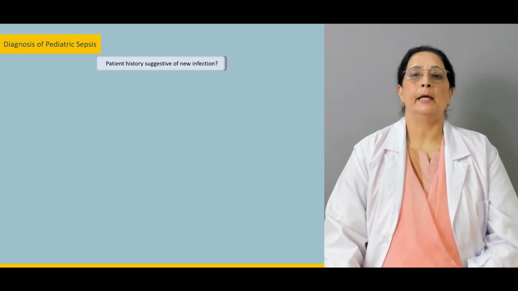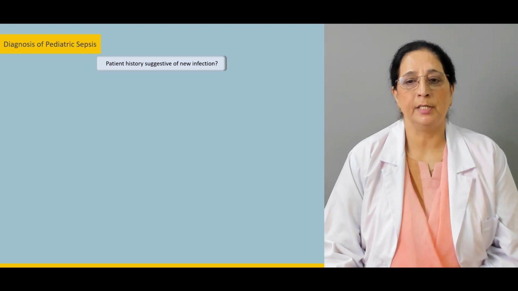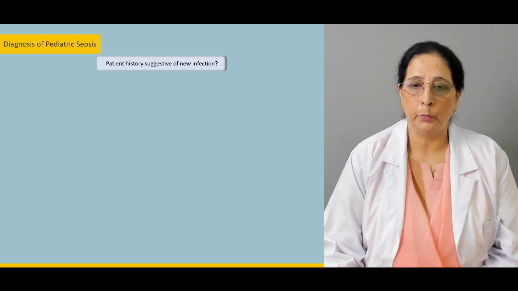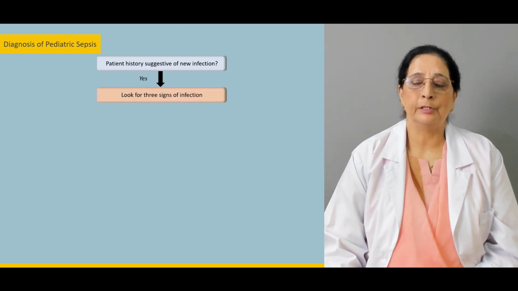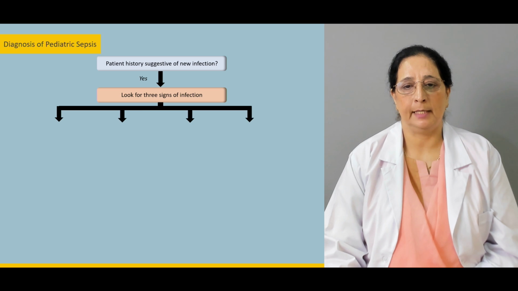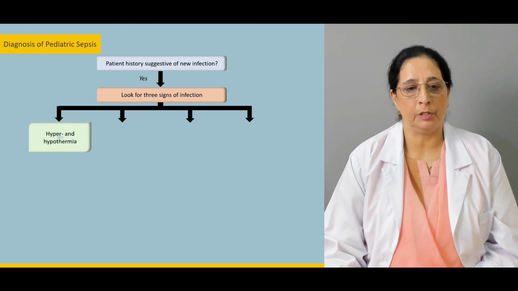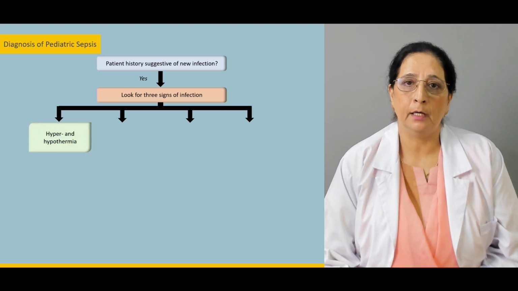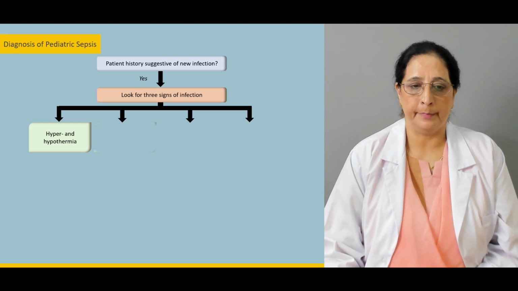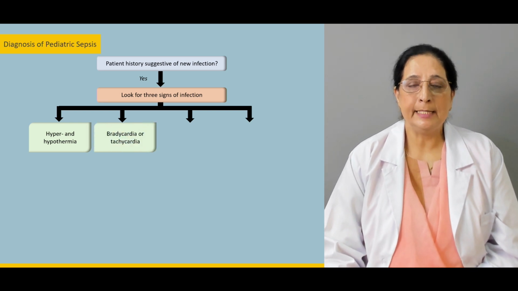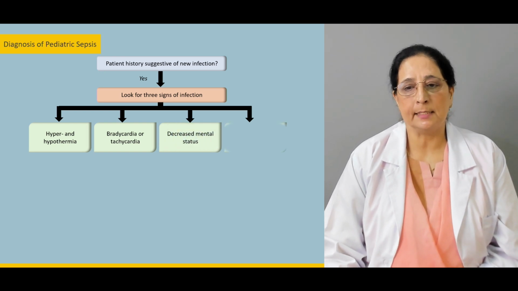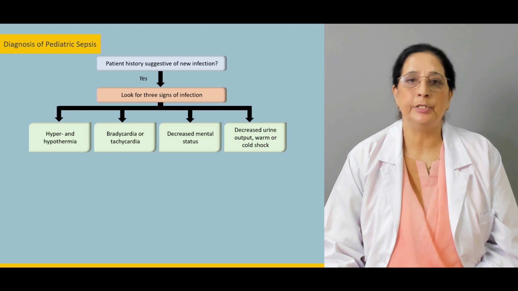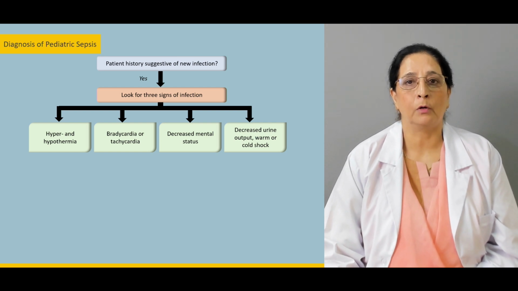Diagnosis of pediatric sepsis: patient history suggestive of new infection. If it's present, look for 3 signs of infection, and these signs are hypothermia or hyperthermia, bradycardia or tachycardia, decreased mental status, and decreased urine output, warm or cold shock.